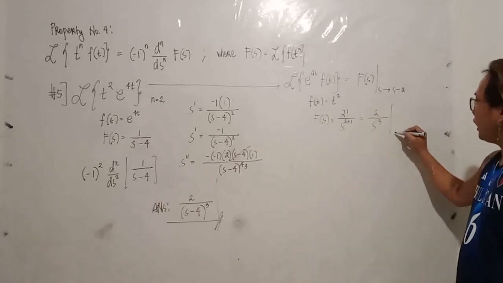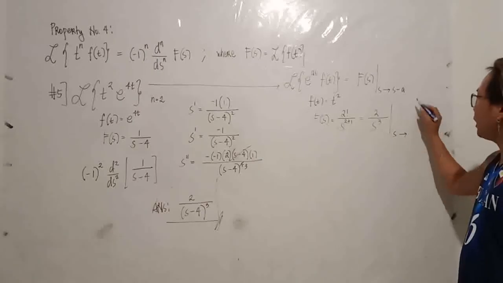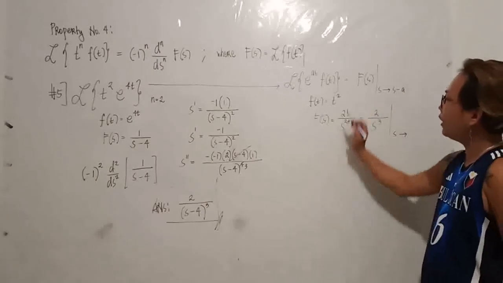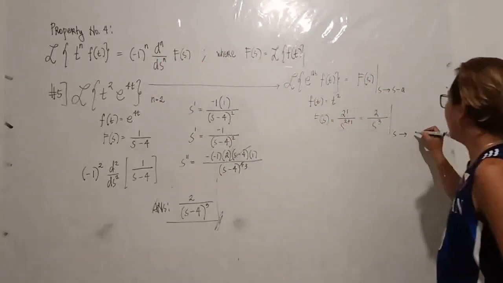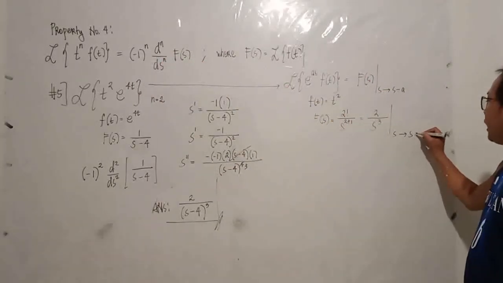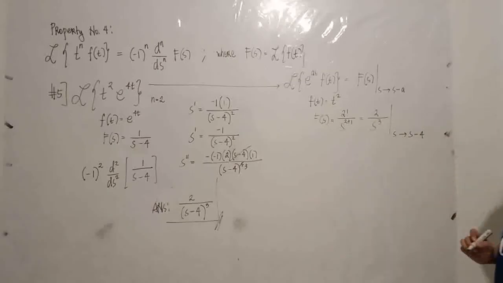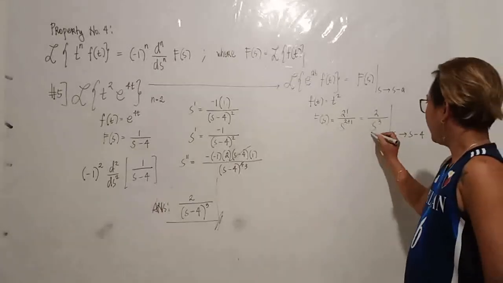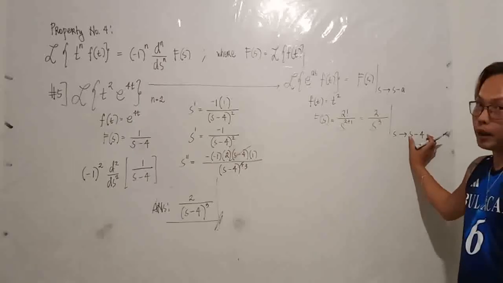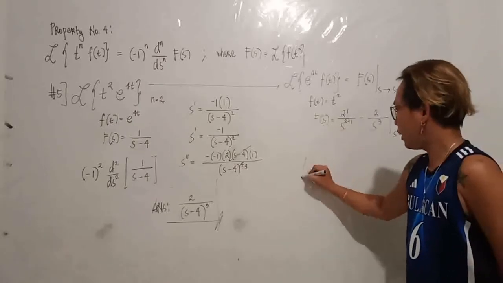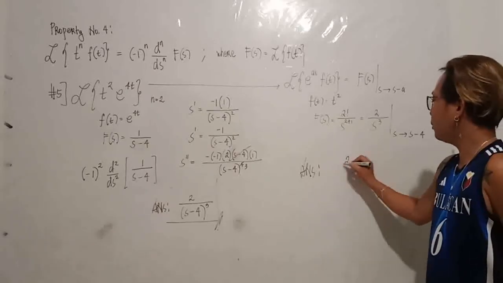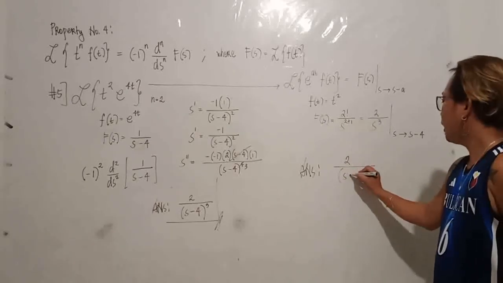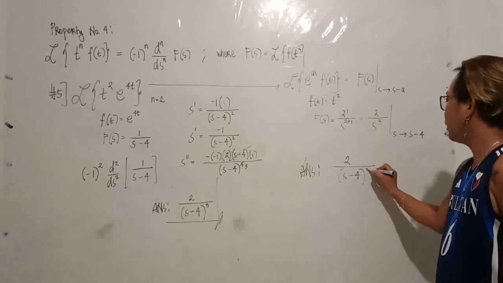Tapos, si s mo, papalitan mo ng s minus a. The value of a here is 4. So you will have to replace s by s minus 4. So lahat ng s dito, papalitan mo ng s minus 4. So for the final answer, you will have 2 over s minus 4 cubed.